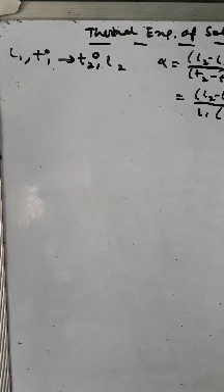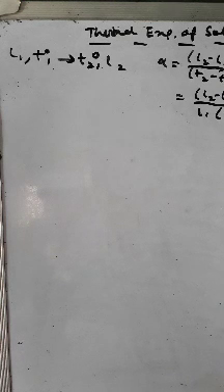If the coefficients of linear expansion of the materials of the rods A and B are 1.28 into 10 to the power minus 5 per degree C and 1.92 into 10 to the power minus 5 per degree C respectively, find their lengths at 0 degree C.